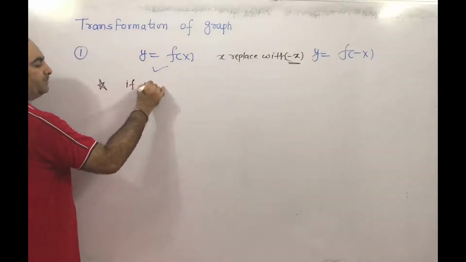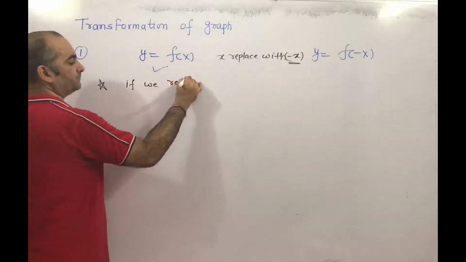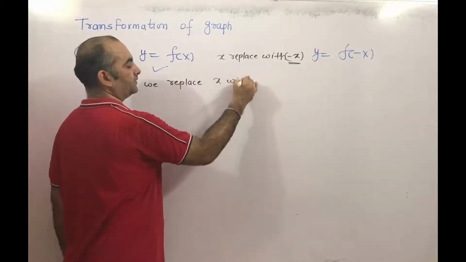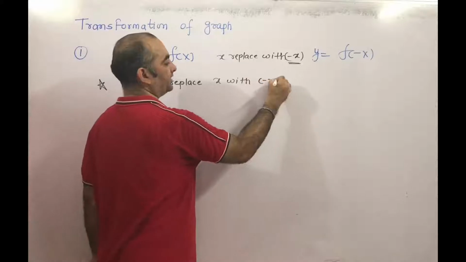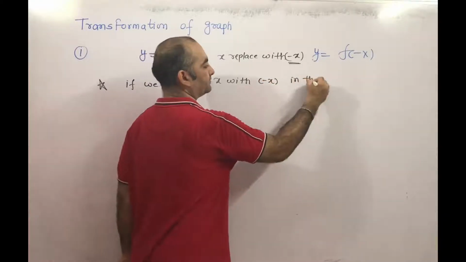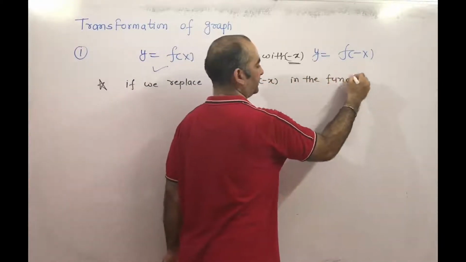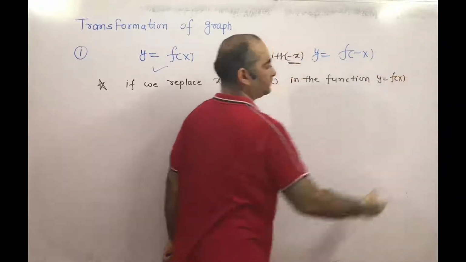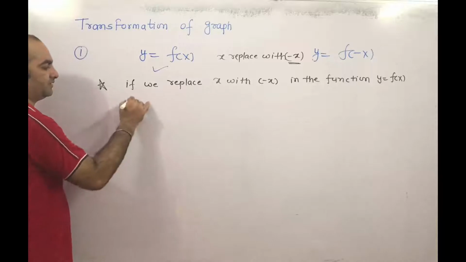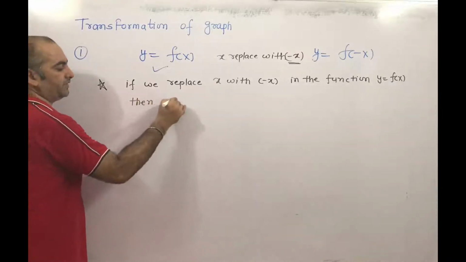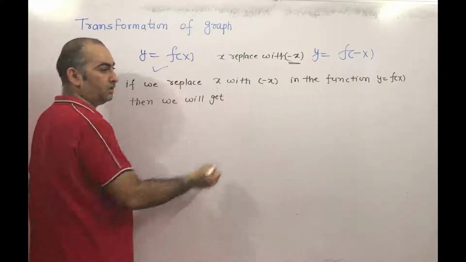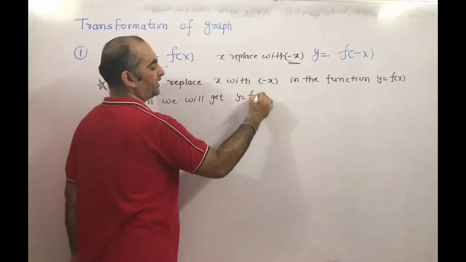If we replace x with minus x in the function y equal to f(x), then we will get y equal to f of minus x function.